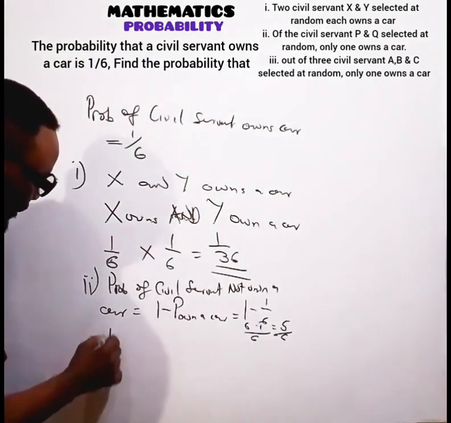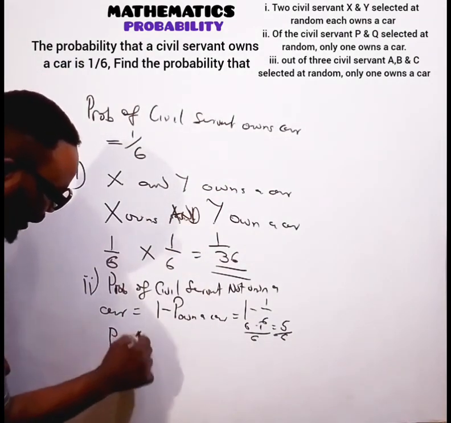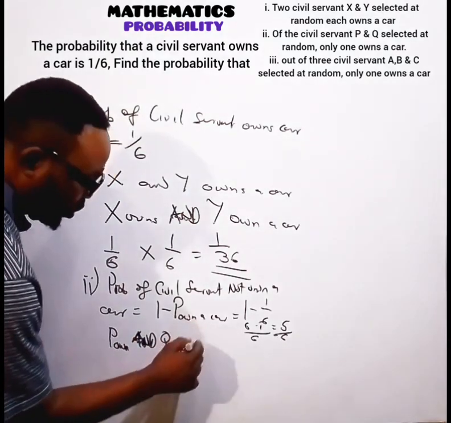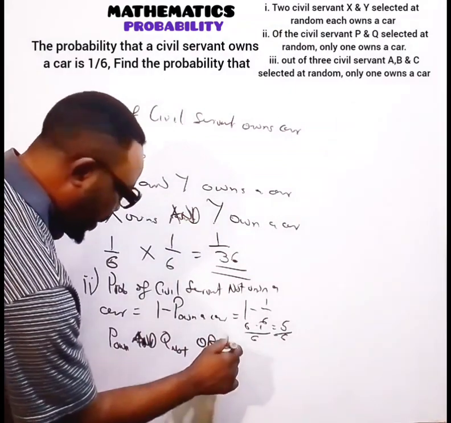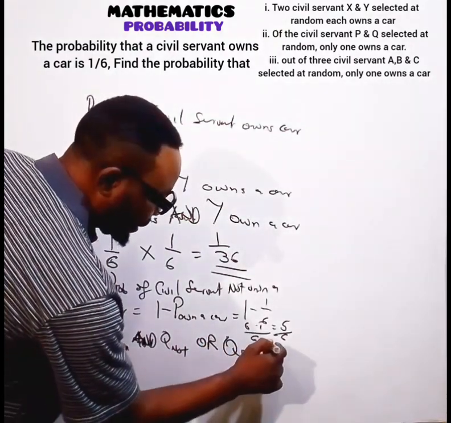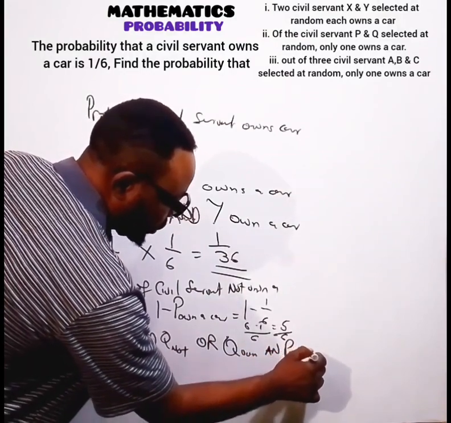So now, it's either P owns and Q does not own, or Q owns and P does not own the car.